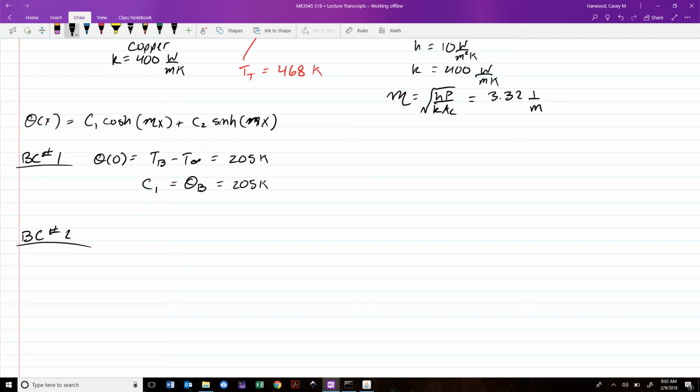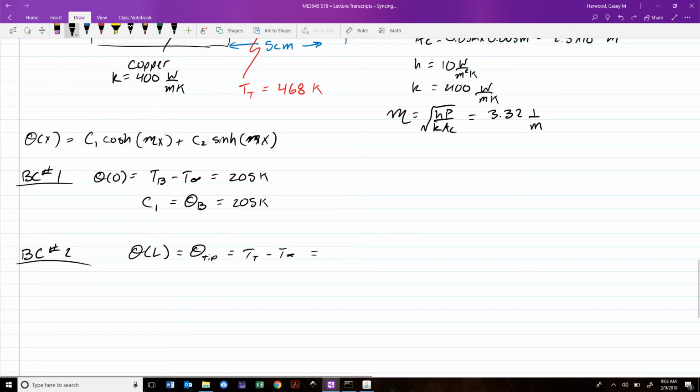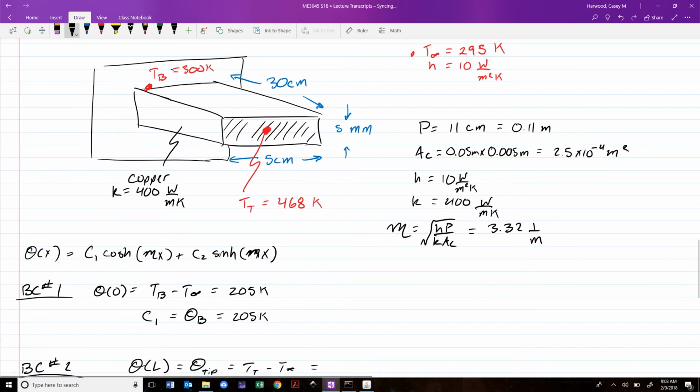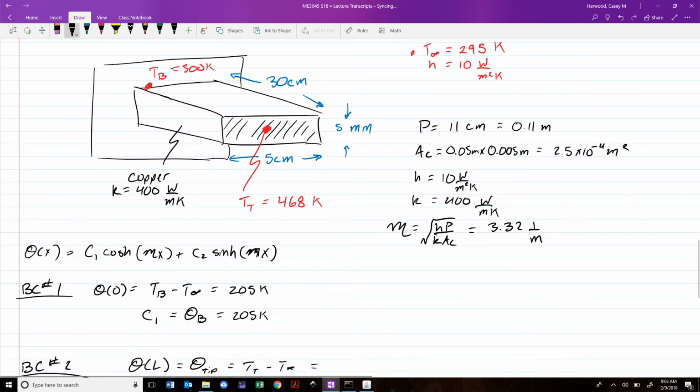So we have that θ(L) is equal to θ_tip, which is equal to T minus T_infinity, which works out to, what's 468 minus 295? That's going to be 173.